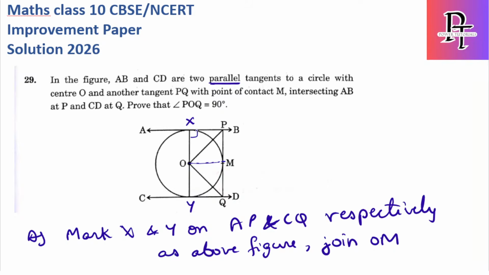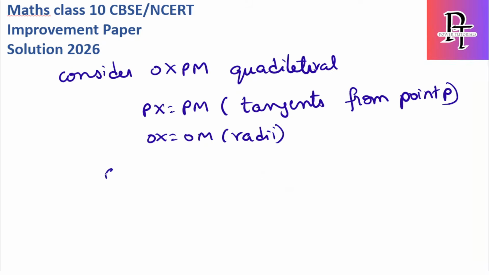this angle is 90 and this angle is also 90 because I clearly mentioned PQ is also tangent. Okay, so two opposite angles are 90 degrees, and if this is 90, this is 90. Okay, this line and this line are also perpendicular, so this is 90 and this is also 90. All angles are 90 degrees.